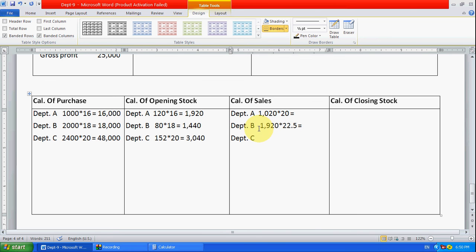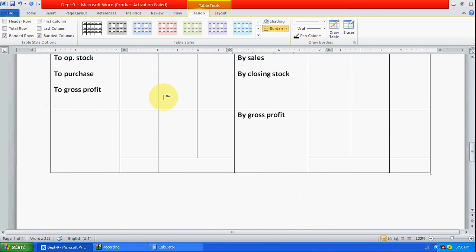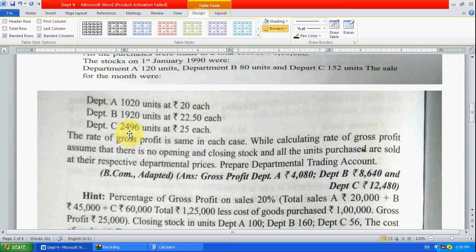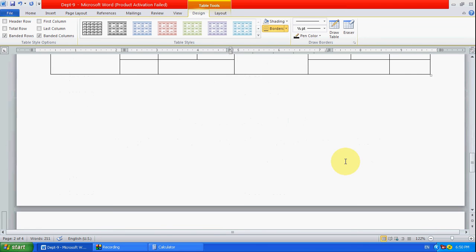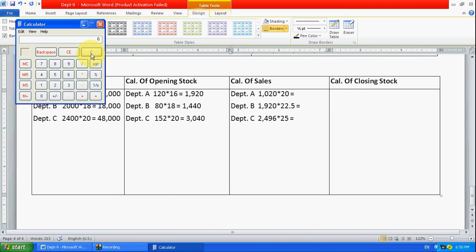And for C, it is given here, 2496 into 25.